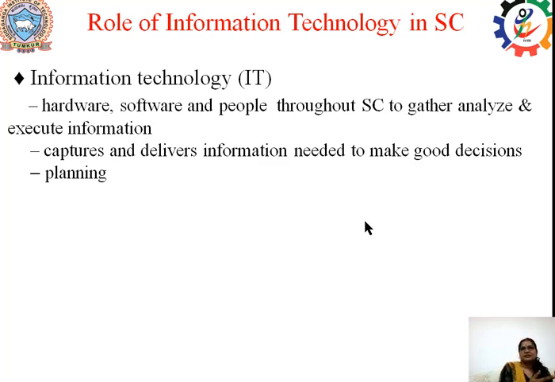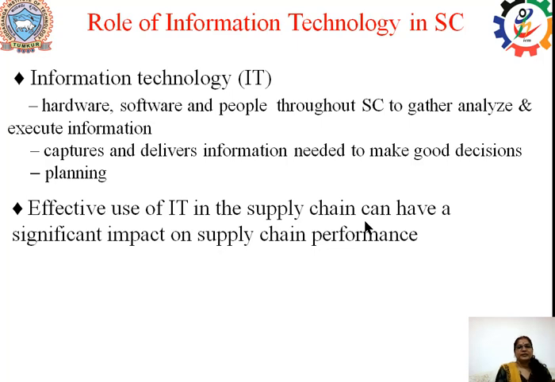If you take the second decision, how about the consequences, what is the difference between the first decision and the second decision, and so on. Such a thing is called a decision support system. Now, effective use of IT in the supply chain can have a significant impact on supply chain performance, time wise as well as cost wise.